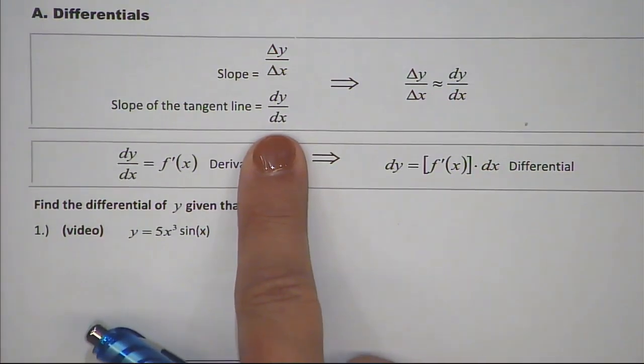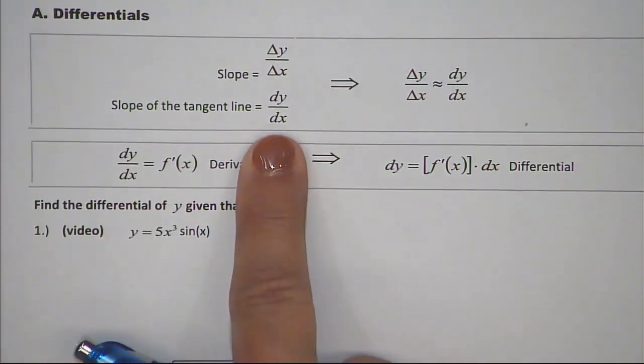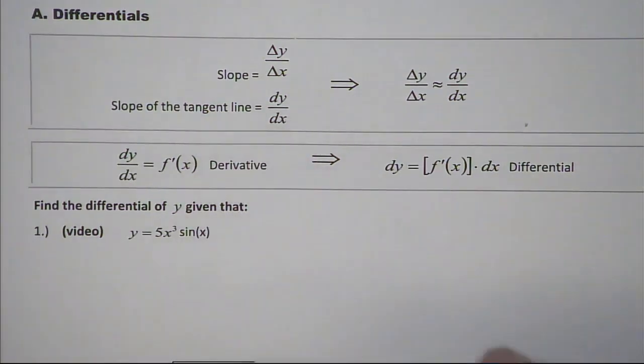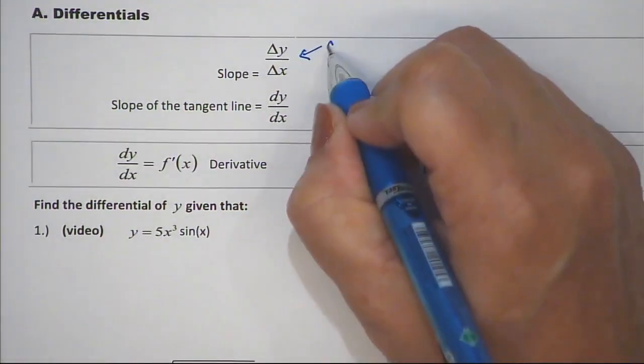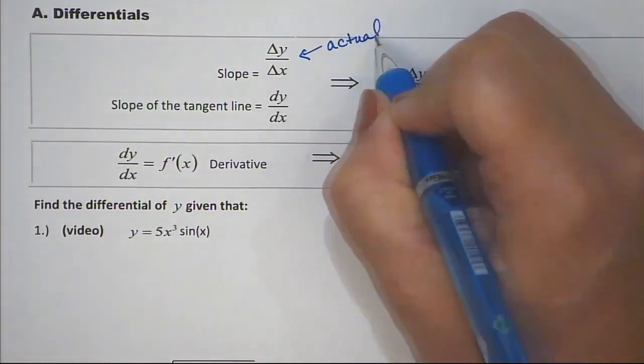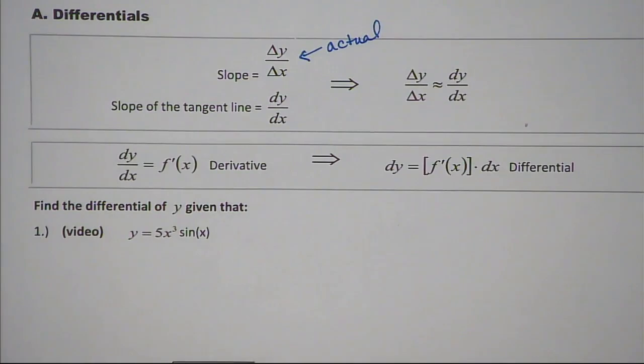When we do differentials and linear approximation, if you're asked to find an actual value, they're talking about the slope. I'm going to write the word actual here, and you'll see those words as we do the problem. Anytime you see actual, we're talking about delta y over delta x.